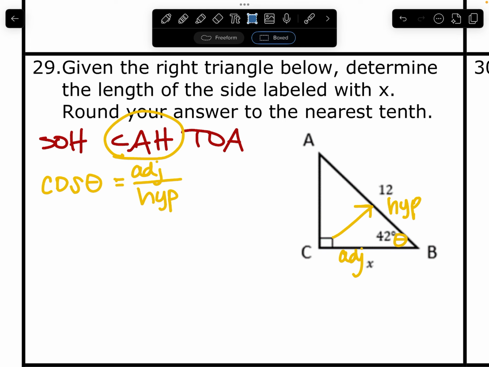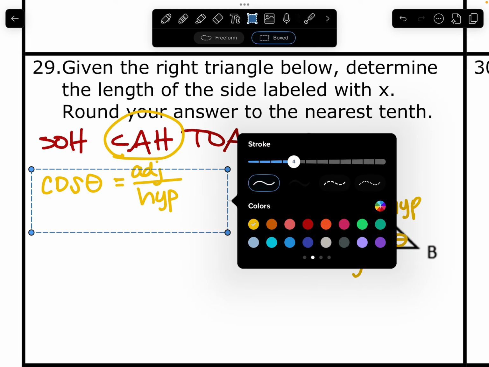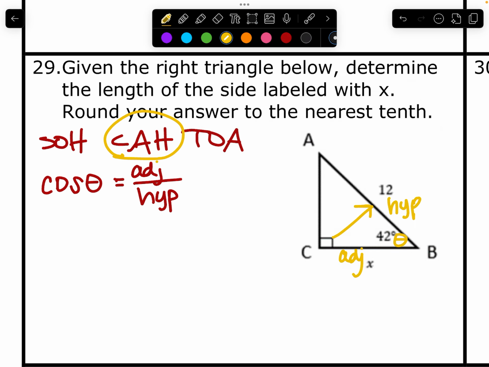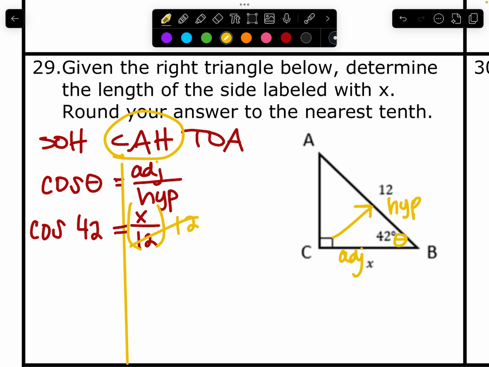So now we are going to plug in what we know. So we know that theta is 42 degrees. We know that adjacent is x and hypotenuse is 12. Now we have to solve for x. X is in the fraction. So we're going to have to multiply by the denominator on both sides to get x by itself. In your calculator, you're going to type this.